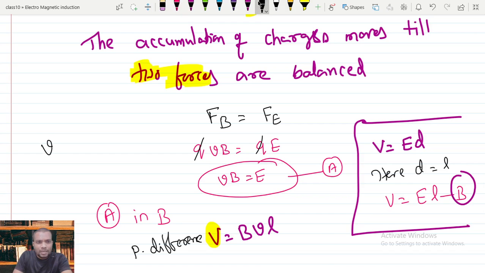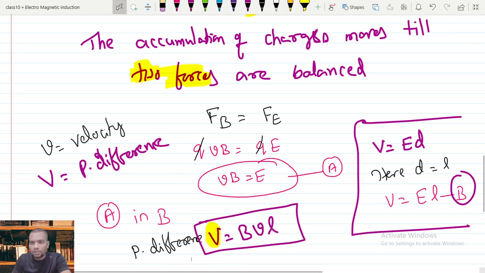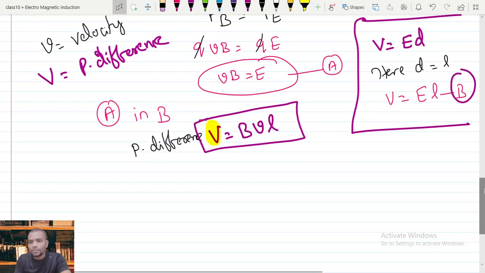So little v equal to velocity and capital V is potential difference. Don't mix the two terms. So now the potential difference between the ends of PQ is V equal to BvL.